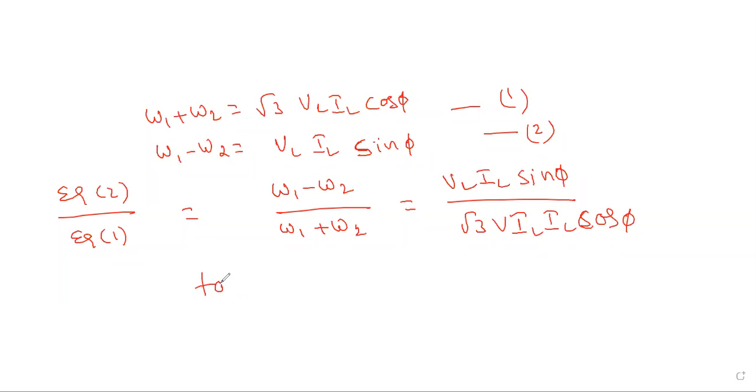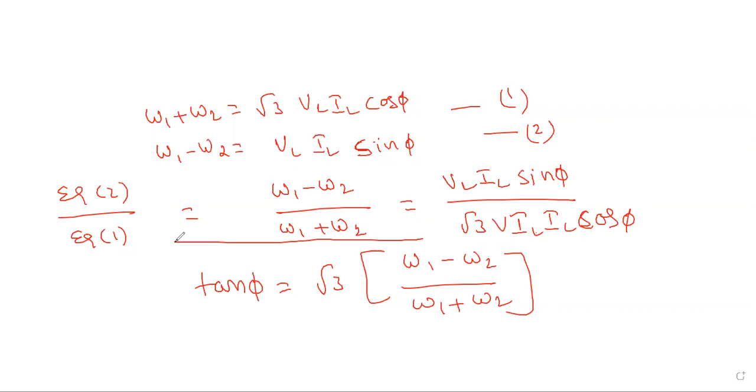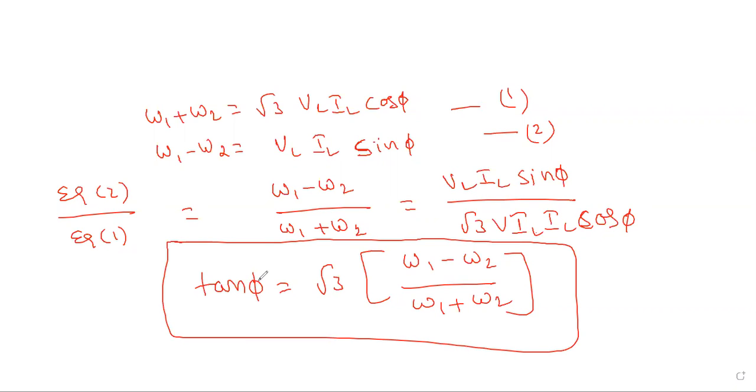VL IL get cancelled. So tan phi equal to root 3 into W1 minus W2 by W1 plus W2. So this is the final form. What is meant by tan phi? Can anyone tell? Phase angle. Okay.